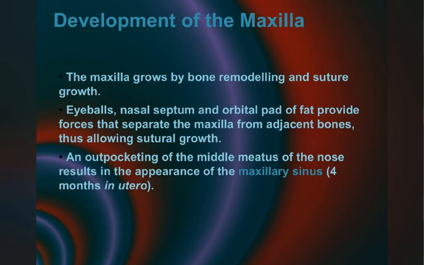An outpocketing of the middle meatus of the nose results in the appearance of the maxillary sinus at 4 months in utero. The first development of the maxillary sinus starts at 4 months in utero as an outpocketing of the middle meatus.